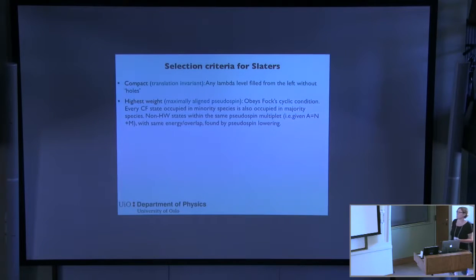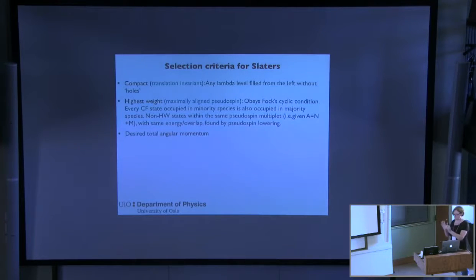Now, when I say highest weight in this context, I mean maximally aligned pseudospin, where the pseudospin up and down is the two species. That can be implemented, as one may look up in Jain's book, by making sure these Slater determinants obey something called the Fock cyclic condition, which means that every state occupied in the Slater determinant of the minority species also has to be occupied in the majority species.